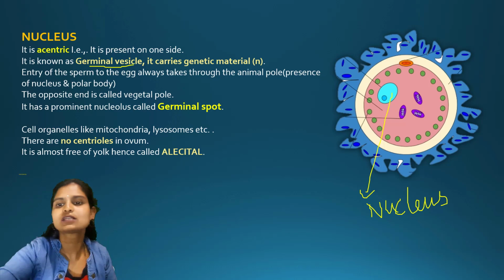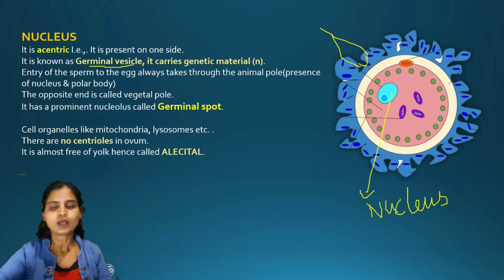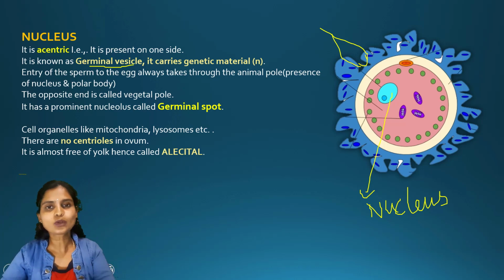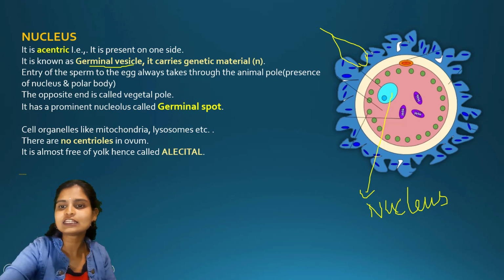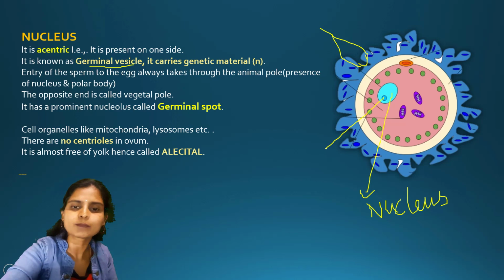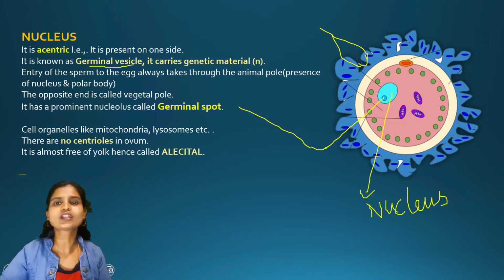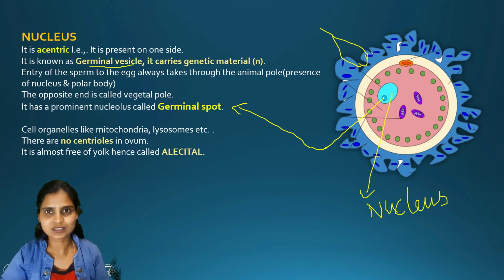This helps the sperm reach the nucleus of the ovum easily. Inside the nucleus there is a germinal spot, which is nothing but the nucleolus.